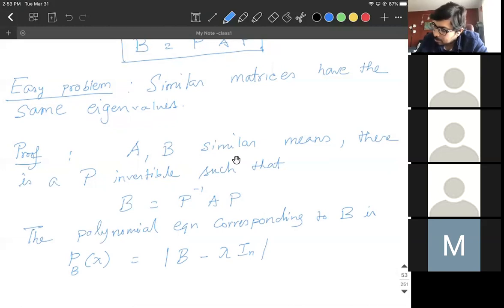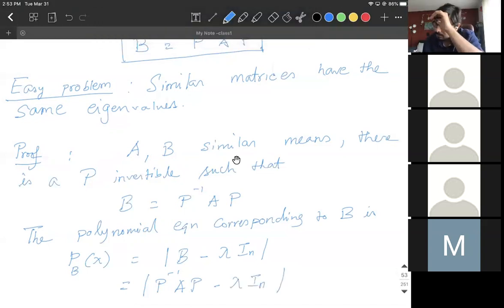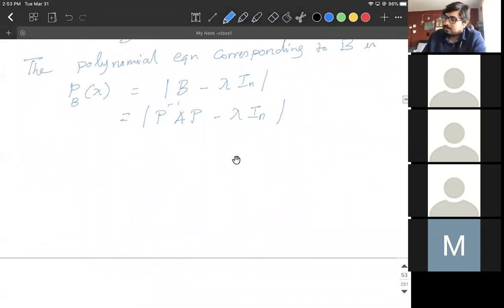Now replace B by this expression. So this is the determinant of P inverse A P minus lambda I_N. Now it's just a matter of placing these invertible matrices in the correct order.